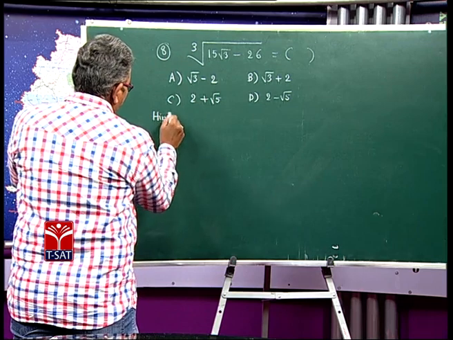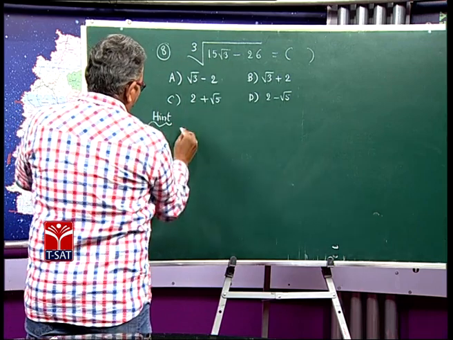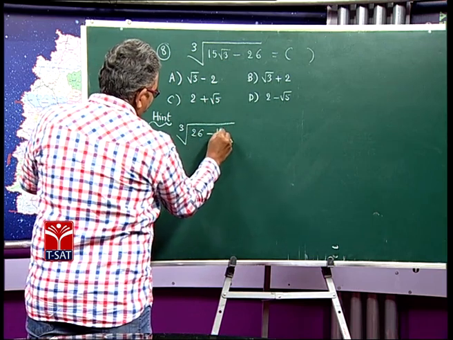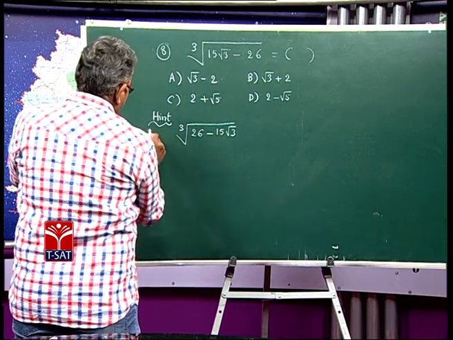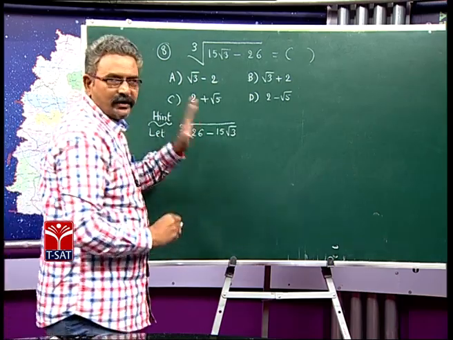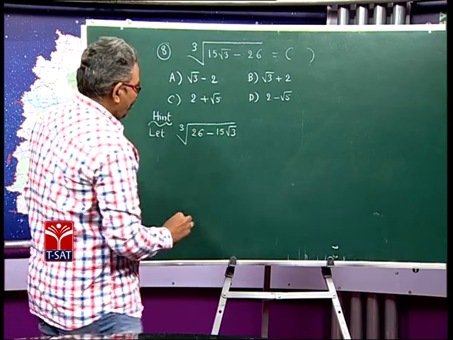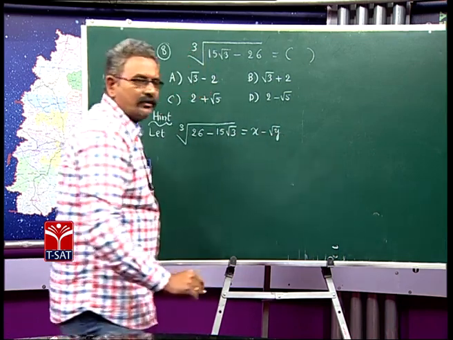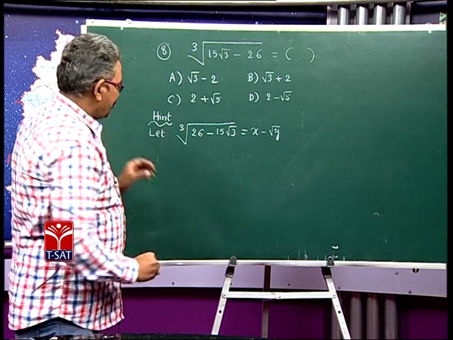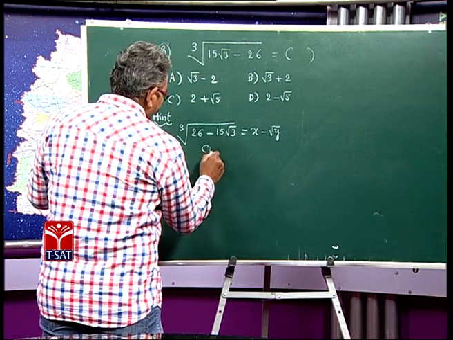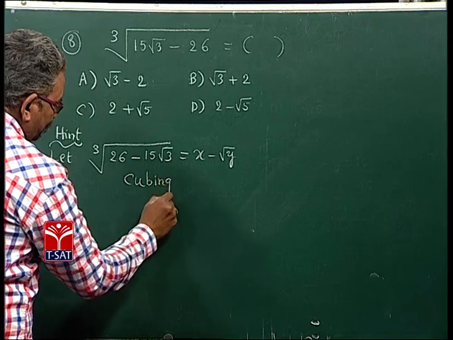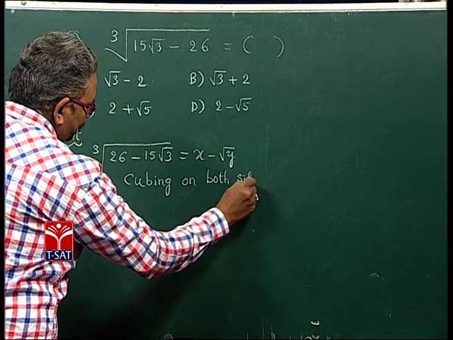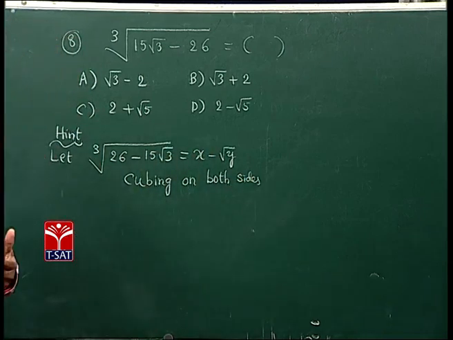So first let us find out cube root of 26 minus 15 root 3. Let us follow the method also, don't worry. First, say this is equal to x minus root y. Cubing on both sides.